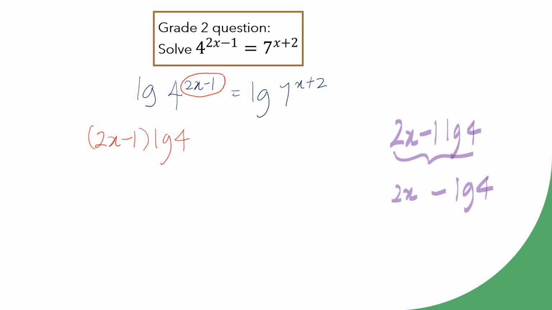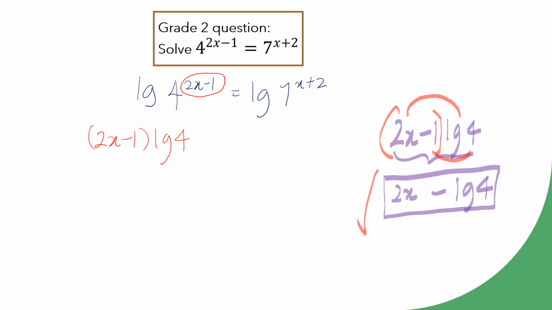So if you don't put the bracket there, the actual meaning is that 2x is standalone, then minus log 4. But if you put the bracket, it's a whole different thing. If you open up the bracket, what it means is that you take 2x times log 4, and then negative 1 times log 4.